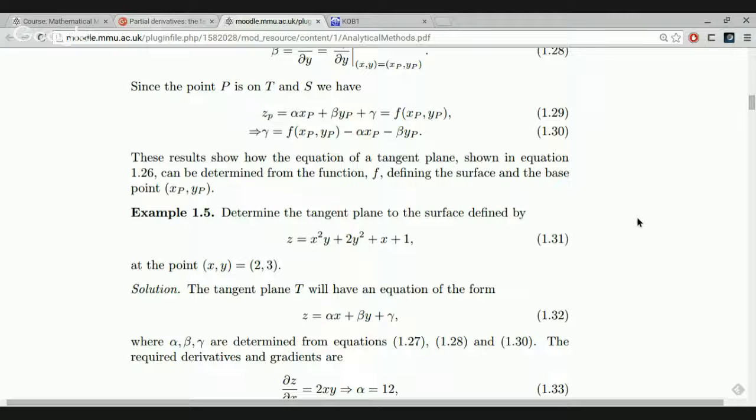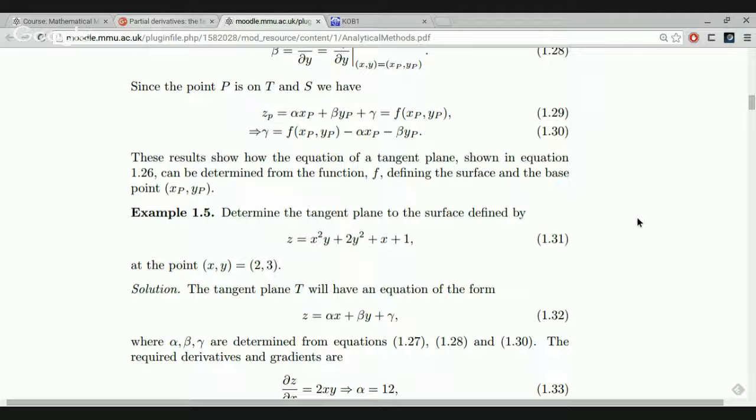Now that's just a different but equivalent presentation of what we've given already. To get the expression that I was using, you just divide across by c, and then you'd end up with z equals something x plus something y plus a constant.